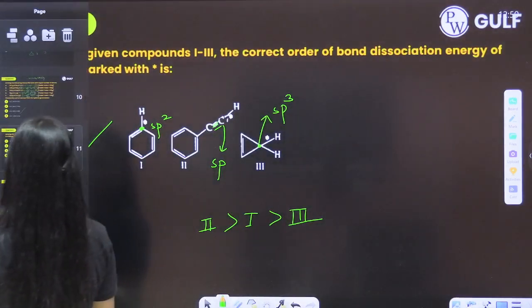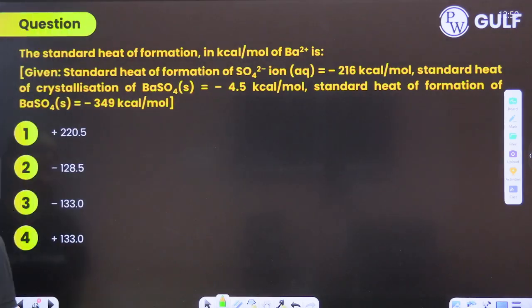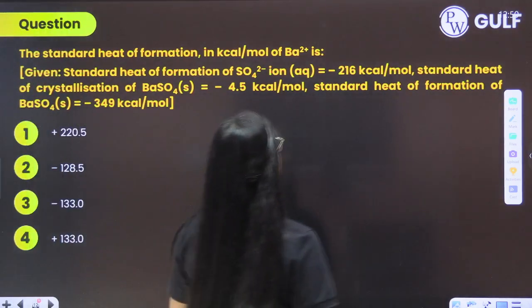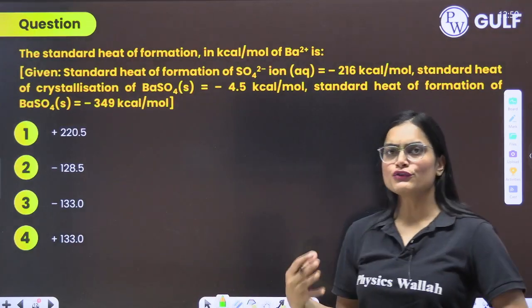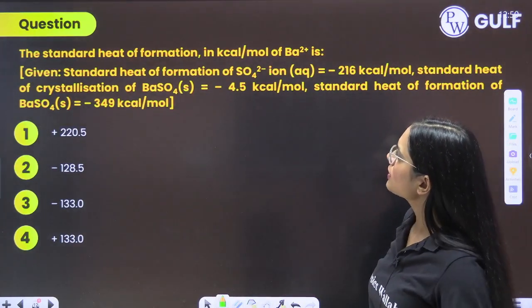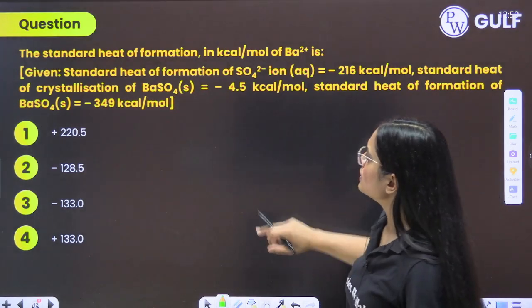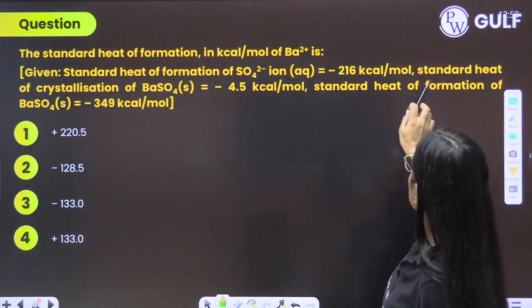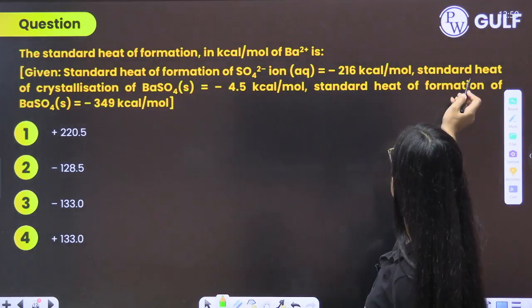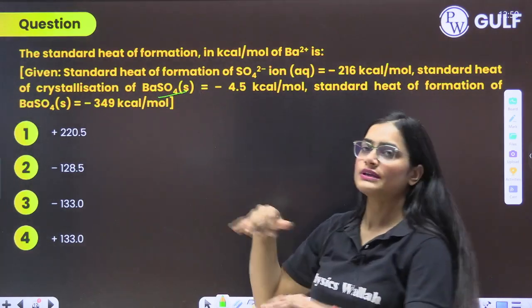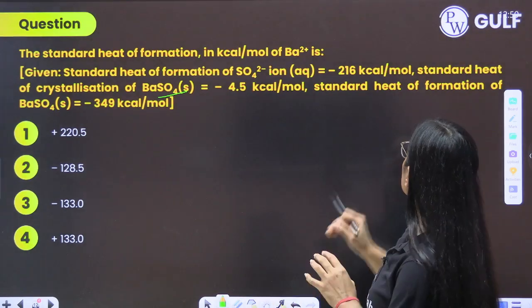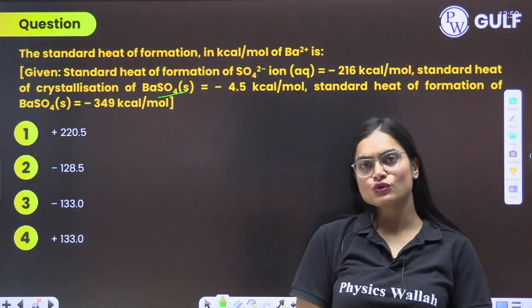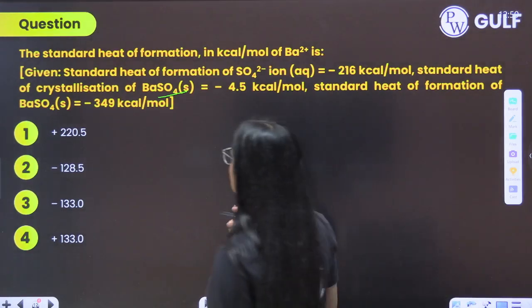Next one. The standard heat of formation in kilocalorie per mole of barium plus 2 is. You have to find out standard heat of formation in kilocalorie per mole. Standard heat of formation of SO4 minus 2 is given. Standard heat of crystallization when BSO4 is forming is given, and heat of formation of BSO4 is also given. Let's write down the equation first.